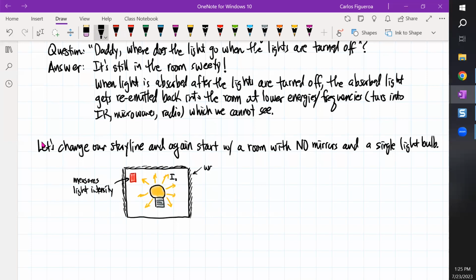Here, we clearly see that this is a wall. And so what you're seeing here is that when equilibrium is established, the brightness in the room is constant.